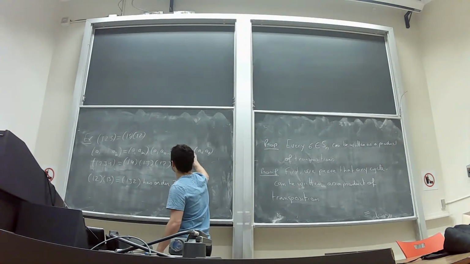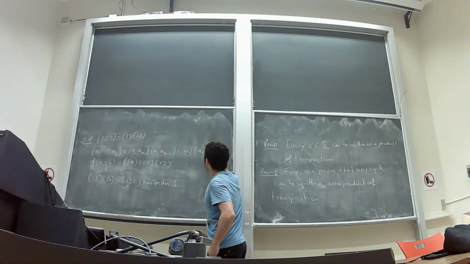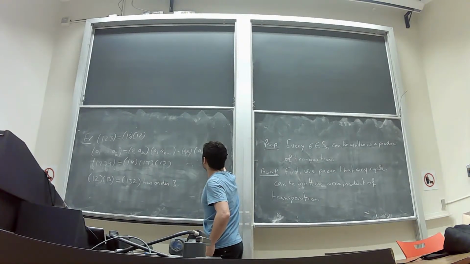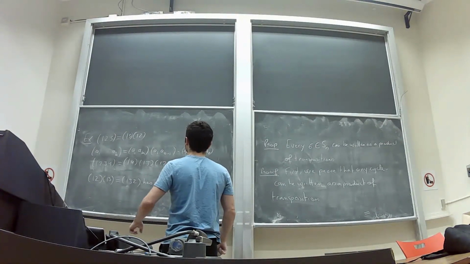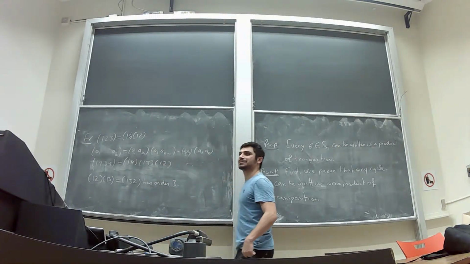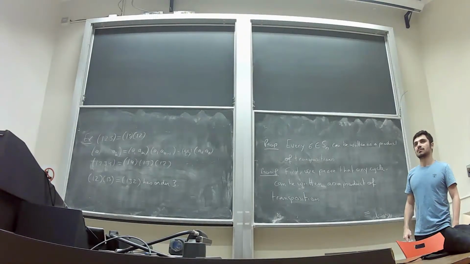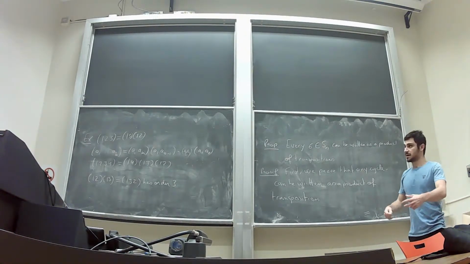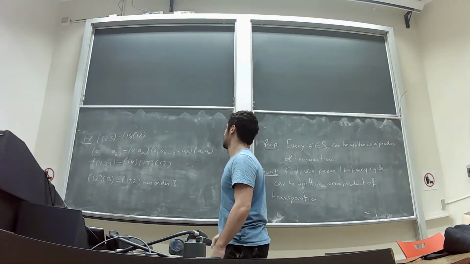Then a2 will appear somewhere. This is the idea, because you want any ai to go to ai plus one. Exactly. That's right. Okay.